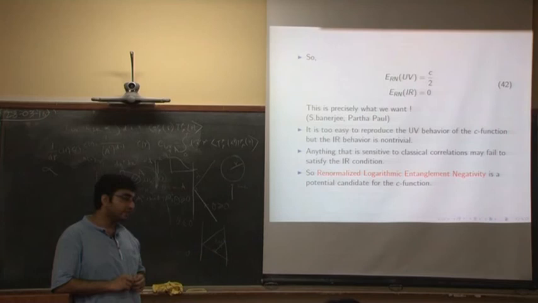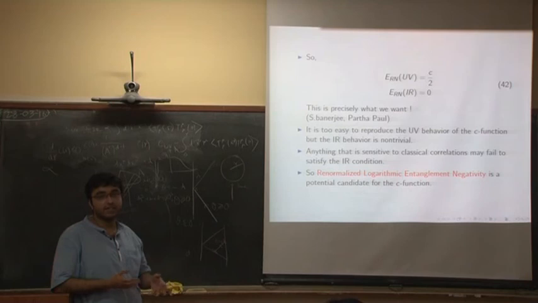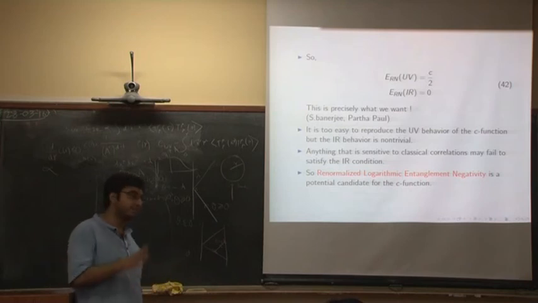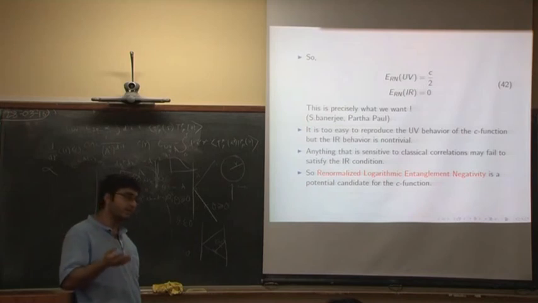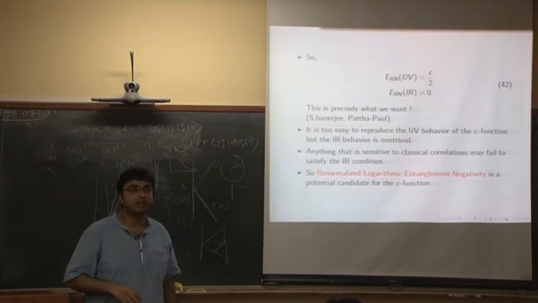The thing is that if you look at the finite temperature entanglement negativity, it is a quantity which cannot be geometrized in a simple way. The reason is that it's not a universal function.